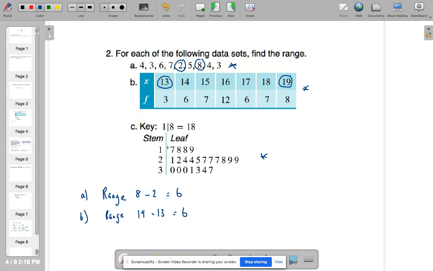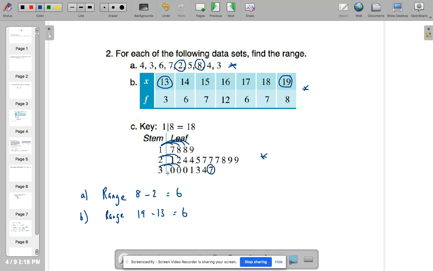Stem and leaf plot. So we talked before about the stem and leaf plot and how it works. So we've got 17, 18, 18, 19, 21, 22, so on, 30, 30, etc. So our highest score here is going to be 37.